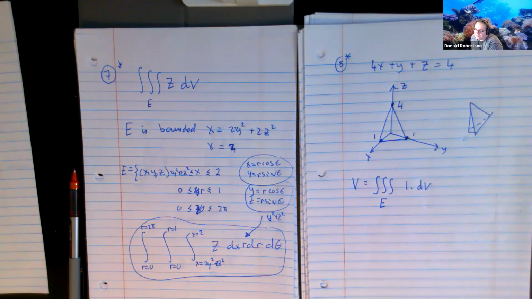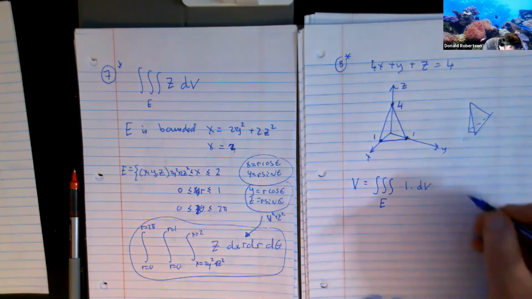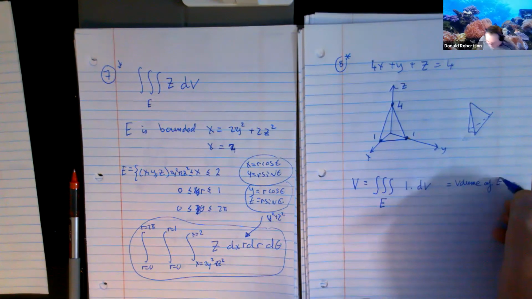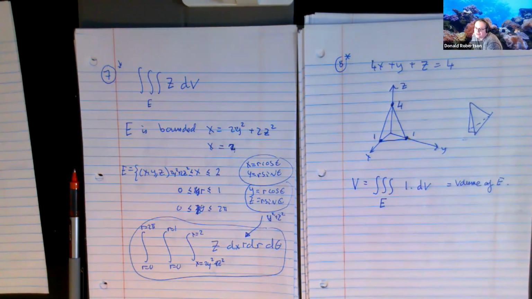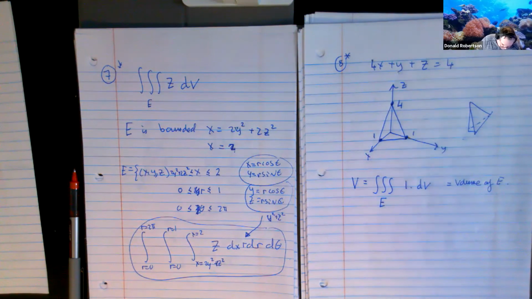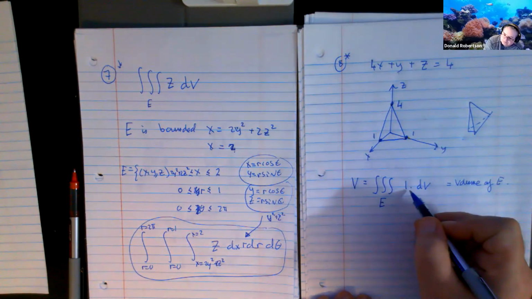So you do the triple integral of 1 dV, you will be finding the volume of E. Isn't the double integral of 1 the area of region D for a 2-dimensional? Yes. So that darn guy, we need to set up who E is. Right?